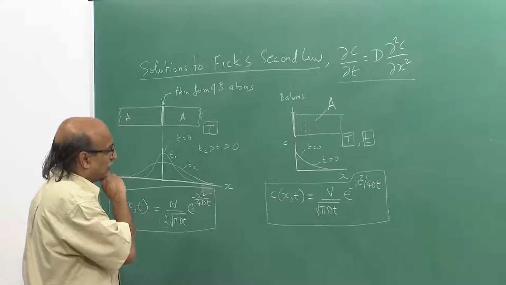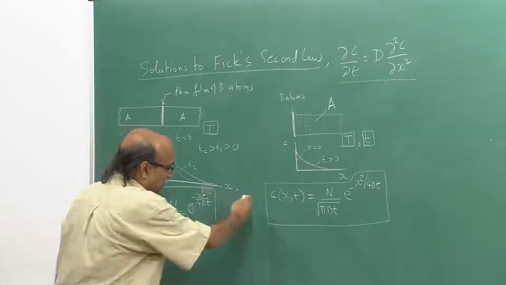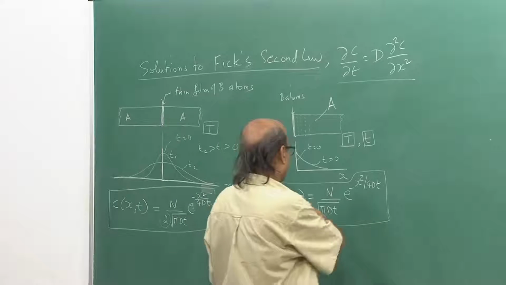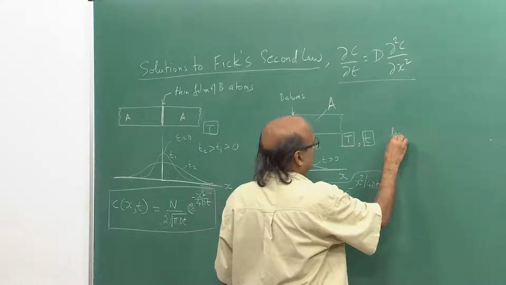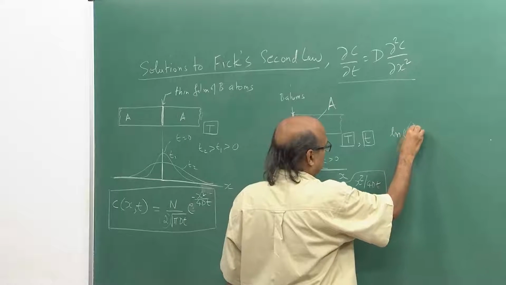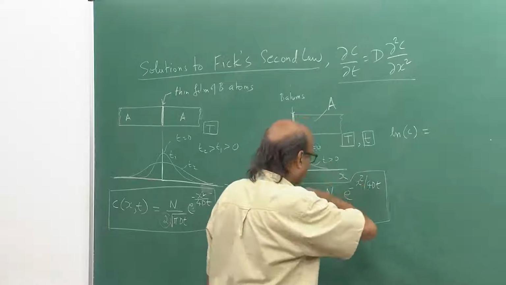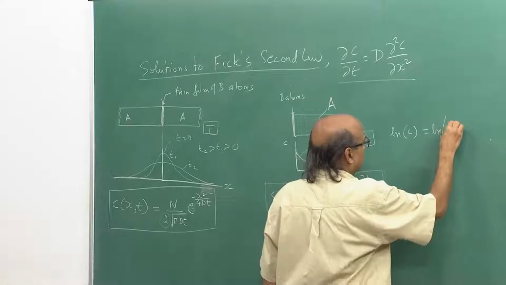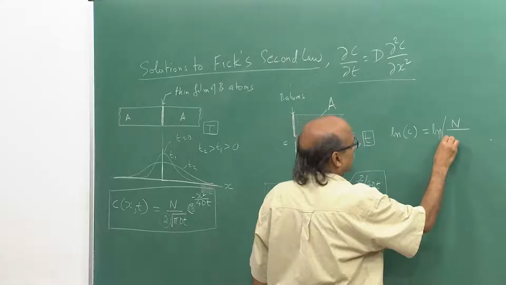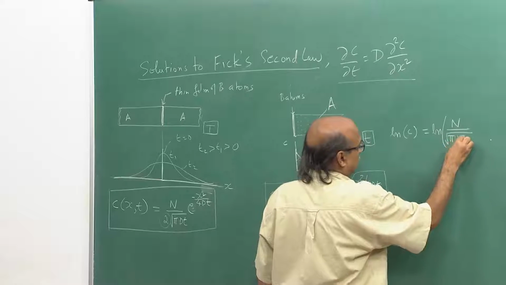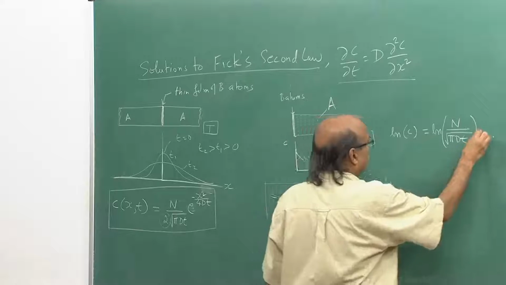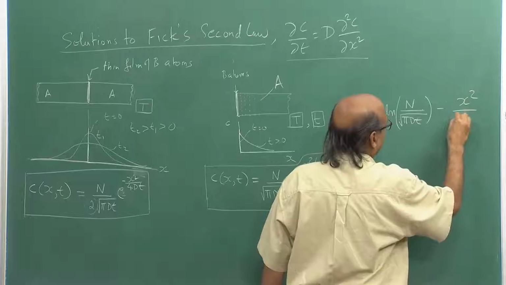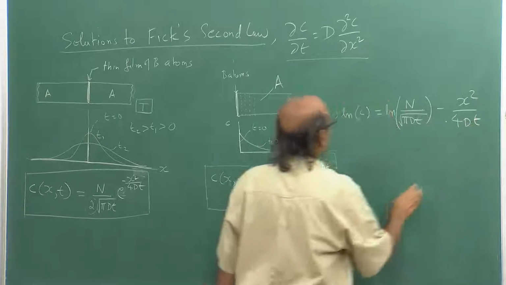So, how should we do this? Suppose I take natural log of both sides. So, this will give me ln C equals ln of n divided by under root pi Dt minus x square upon 4Dt.